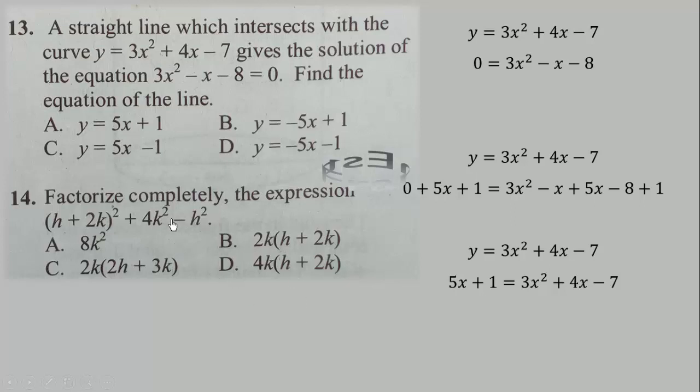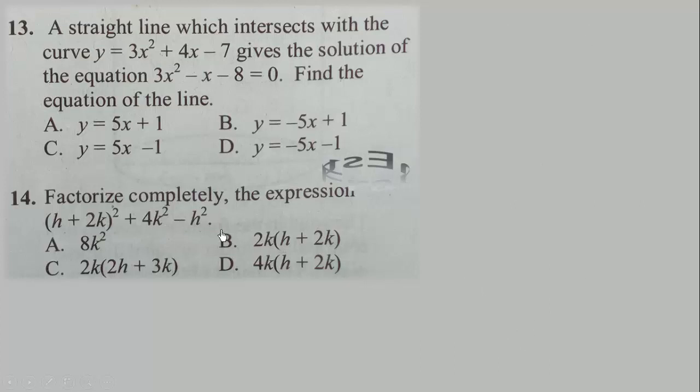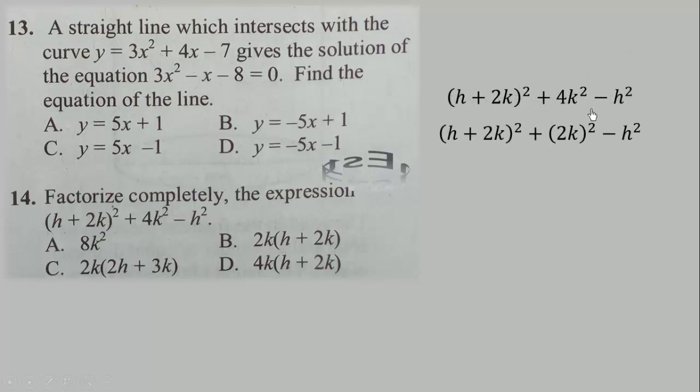We have to factorize completely the expression (h plus 2k) all squared plus 4k squared minus h squared. So you can quickly spot this to be a difference of two squares. You can rewrite this as (2k) all squared. So we spot this as a difference of two squares.